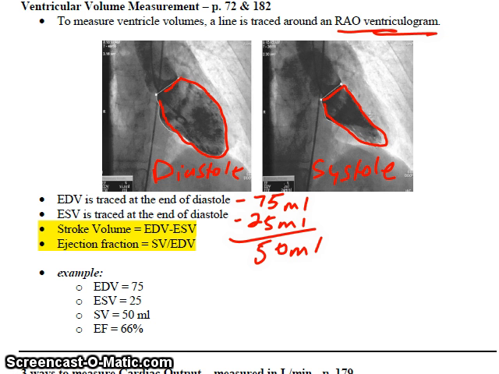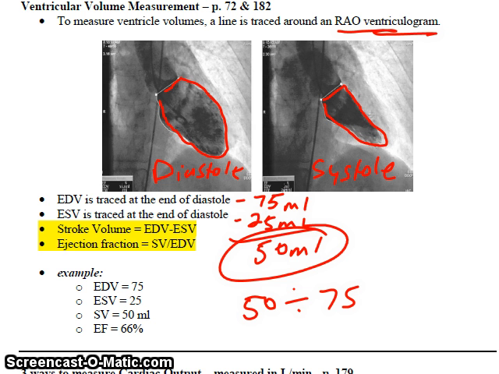Now we also have to figure out the ejection fraction. This is the actual amount, but then they also want to know what percentage of blood is being ejected. So for that, you take your stroke volume, which is 50, and divide it by your EDV, which was 75.